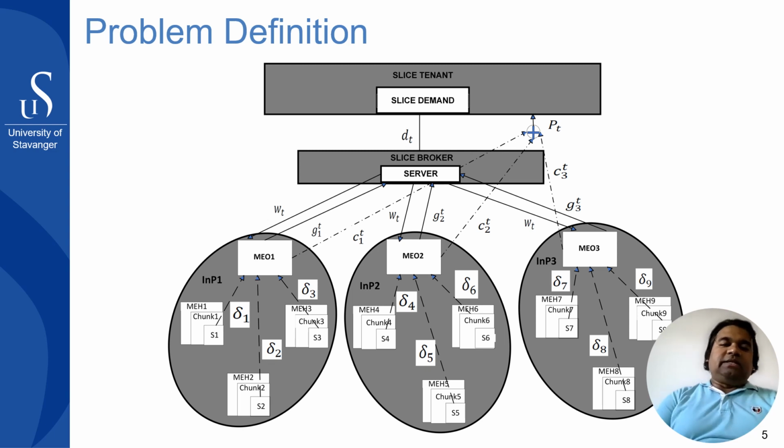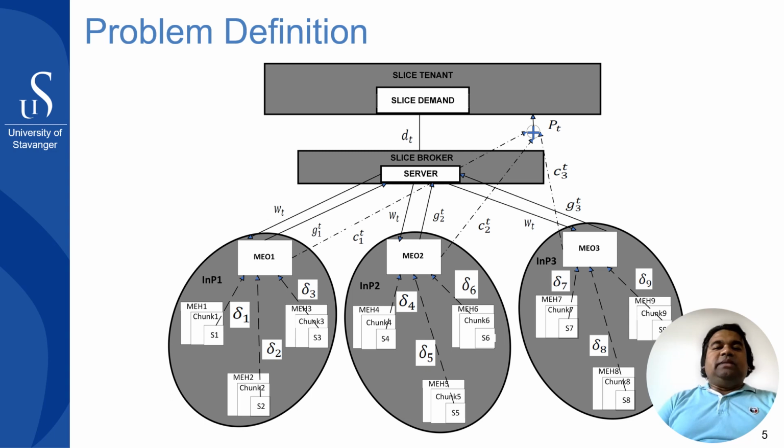Together each cluster basically is forming a MEC system. So in MEH there are some chunks of resources, and also the slices S1, S2, S3. So they can provide the resources, and MEO can also set the price like C1T, C2T, C3T, and these are combining, and also the final price PT is generating.